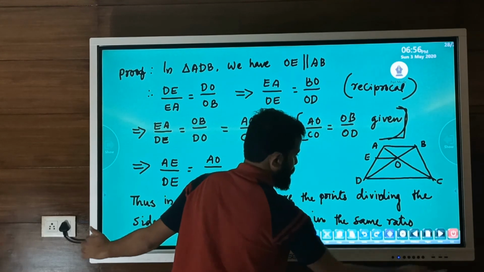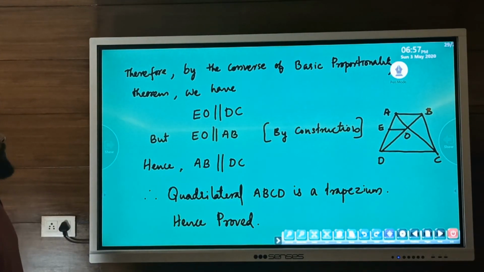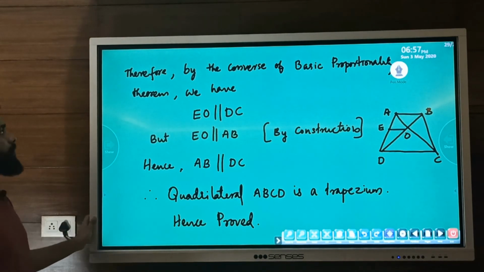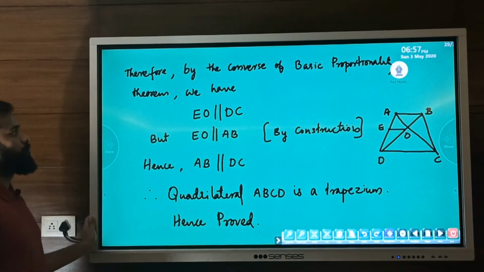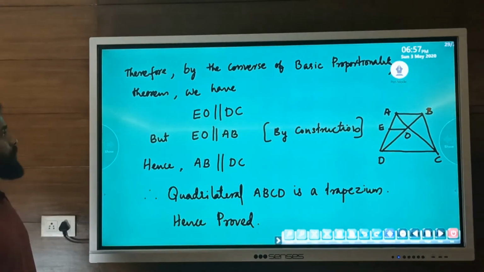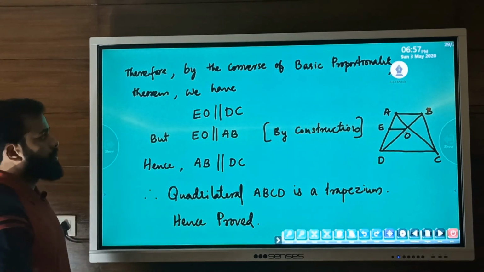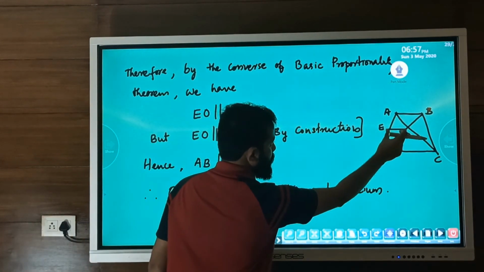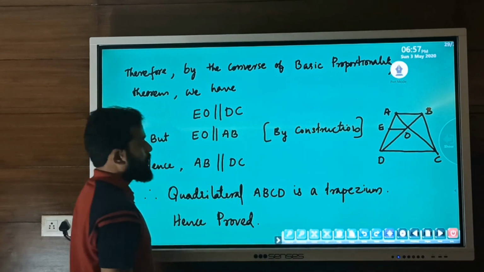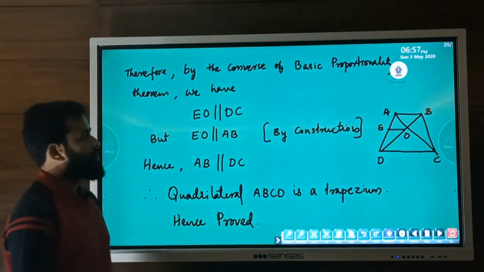Therefore, by the converse of the basic proportionality theorem, that is 6.2: if the lines are divided in the same ratio, then the lines are parallel. EO is parallel to DC. Again, by using the theorem we have studied, lines which are parallel to the same line are parallel to each other.